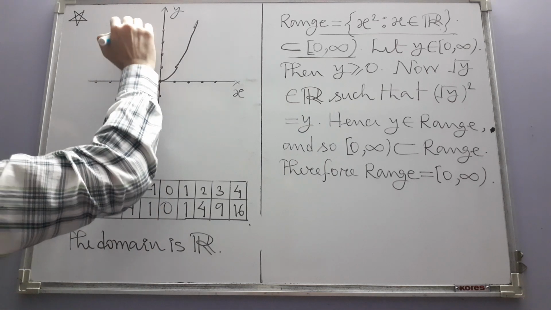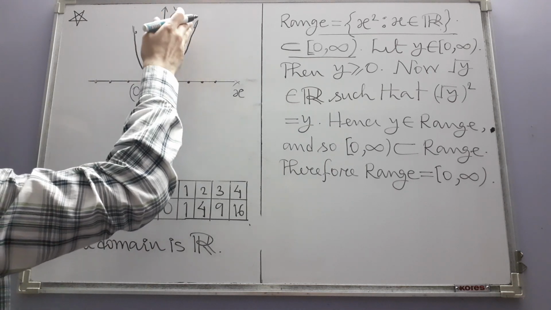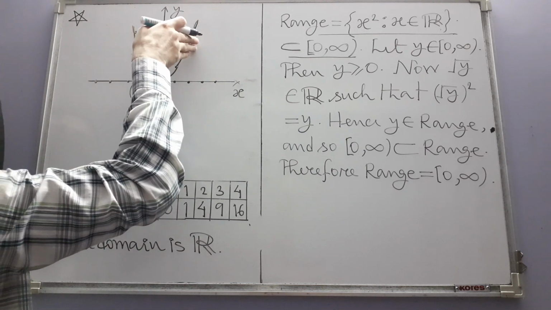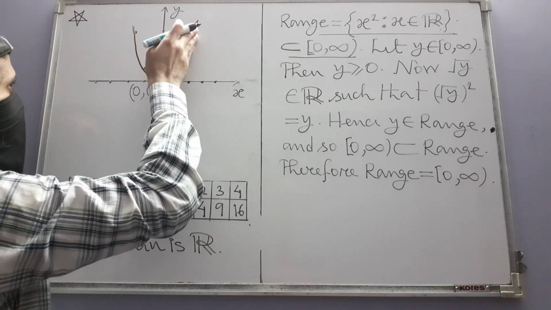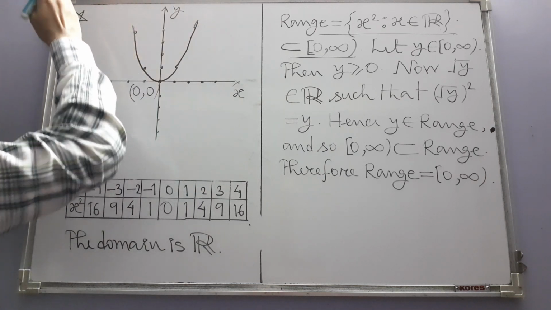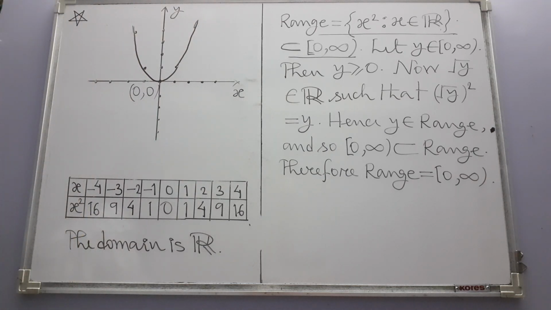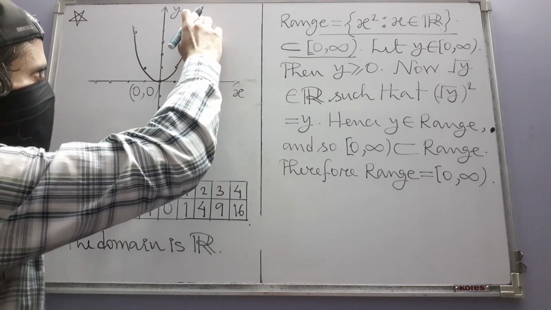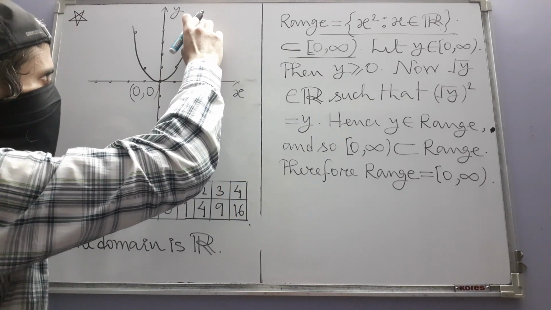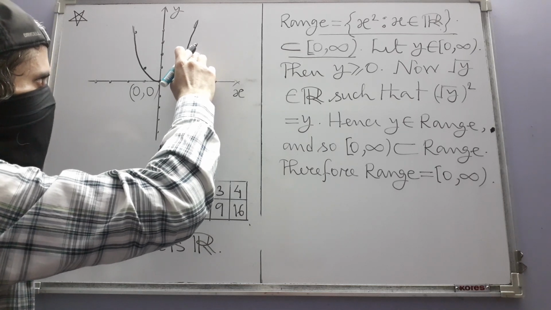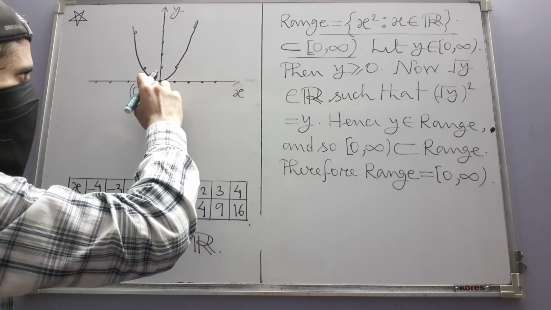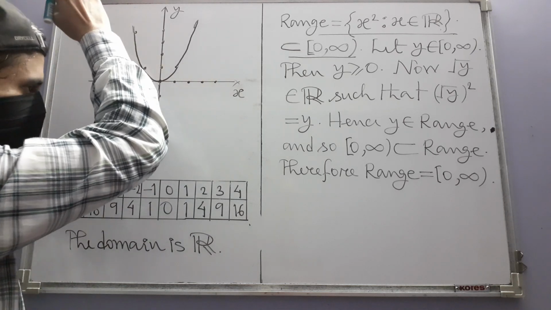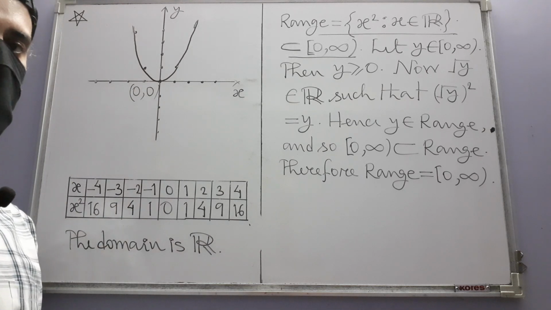The graph, of course, doesn't stop here. It extends indefinitely like this, and on this side also it extends indefinitely. But because of the nature of the function, it's as if something is coming along this curve. It crosses the origin and then goes back like that.